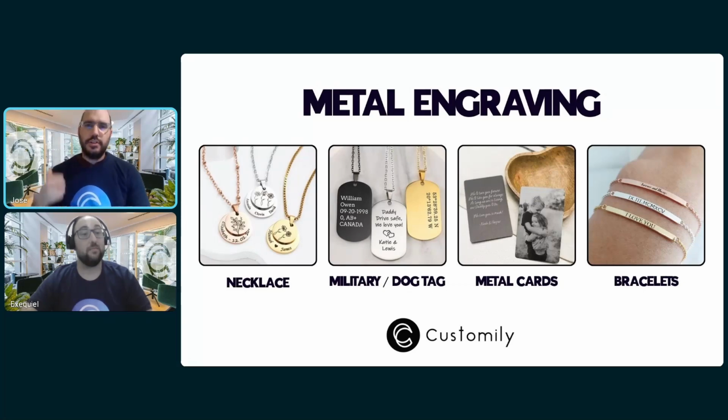So you can always think outside the box and still use Customily, because whatever you're typing could be translated to Braille and actually get printed, in this case, engraved. It's a very interesting case scenario that we have seen on some customers.